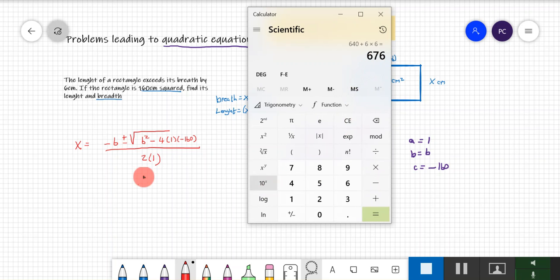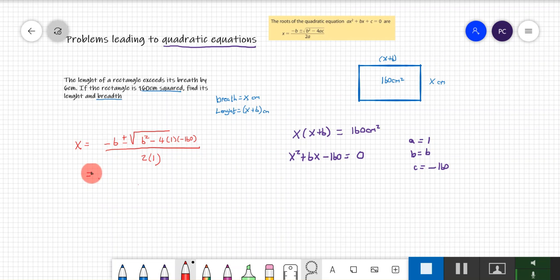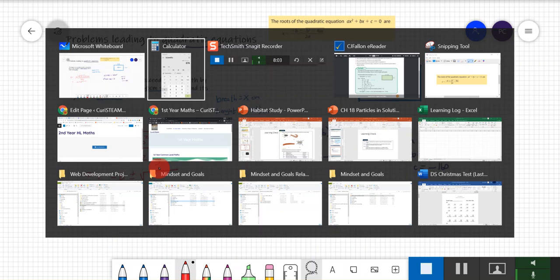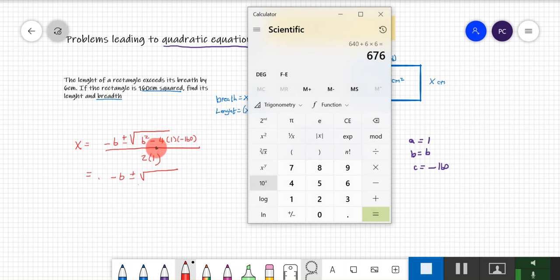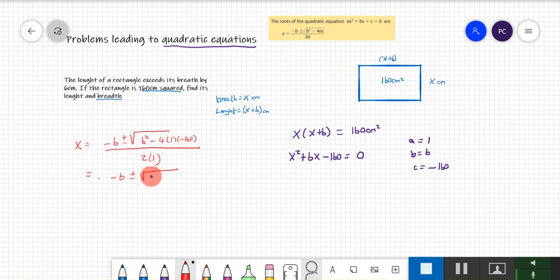Okay, so 676. If we write this down, x is going to be equal to minus 6 plus or minus the square root of 676, all over 2. And then we can simplify this.